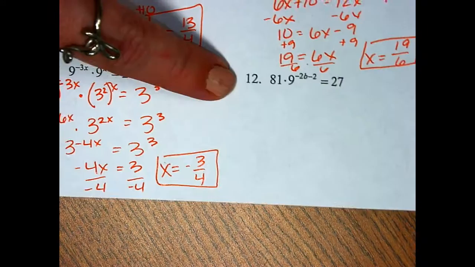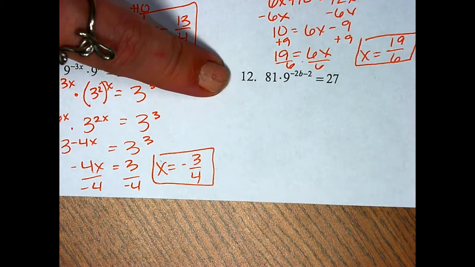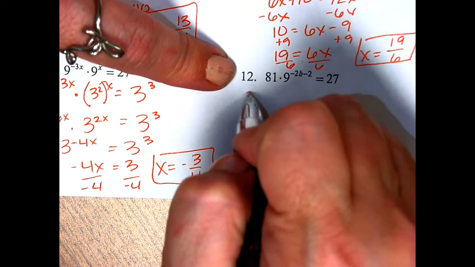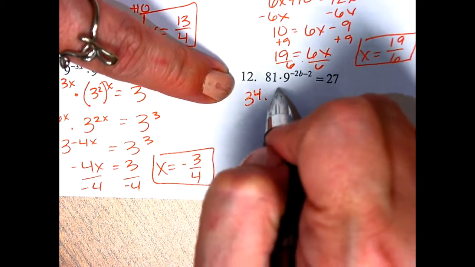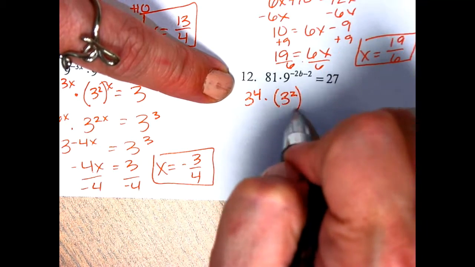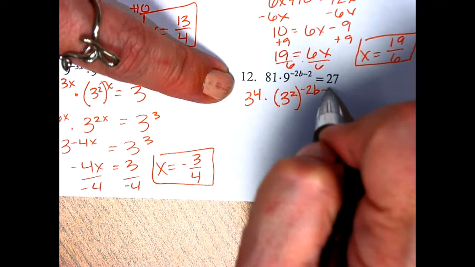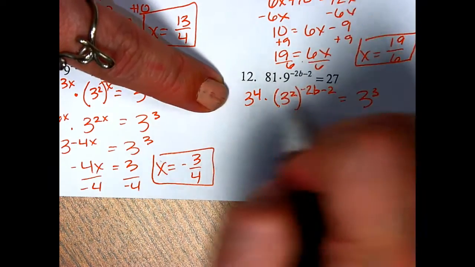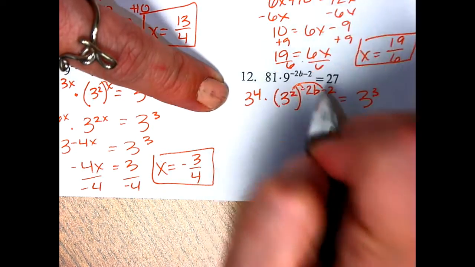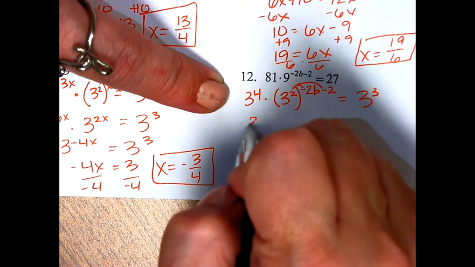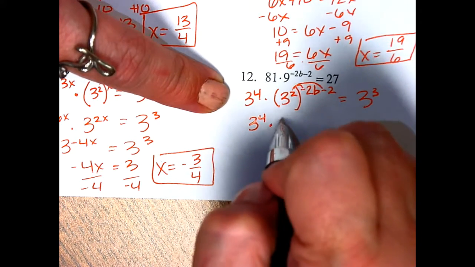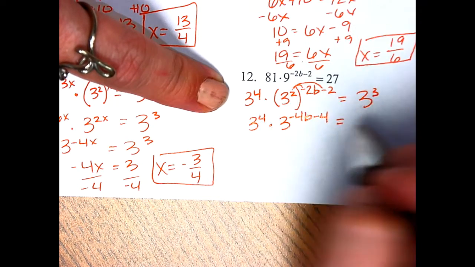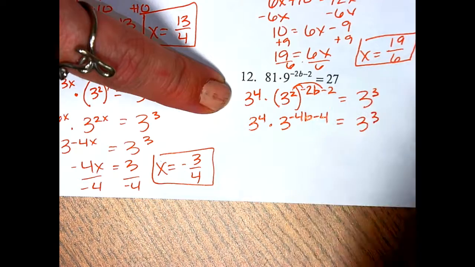And the last one, I have 3 different numbers. Still have to have the same base. We can use the base of 3. So 81 becomes 3 to the 4th times 3 squared to the negative 2b minus 2 equals 3 cubed. The first thing I have to do is simplify. So I have 3 to the 4th times 3 to the negative 4b minus 4 equals 3 cubed.